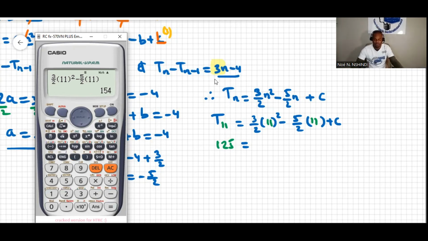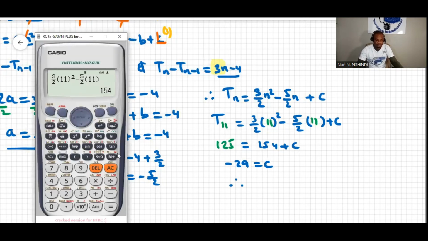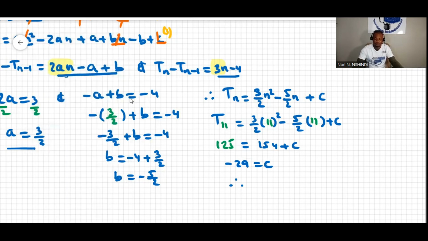And then I write here 154 plus c. So if I move 154 to the other side, c will be equal to negative 29. Let's check: minus 125. Okay, 29, but it will be negative if I move it over.